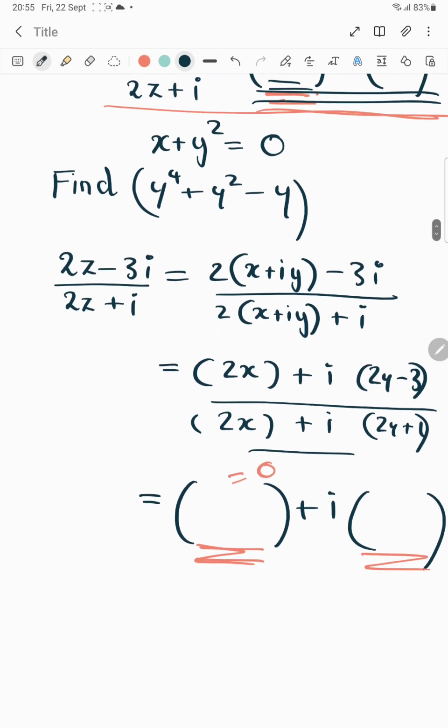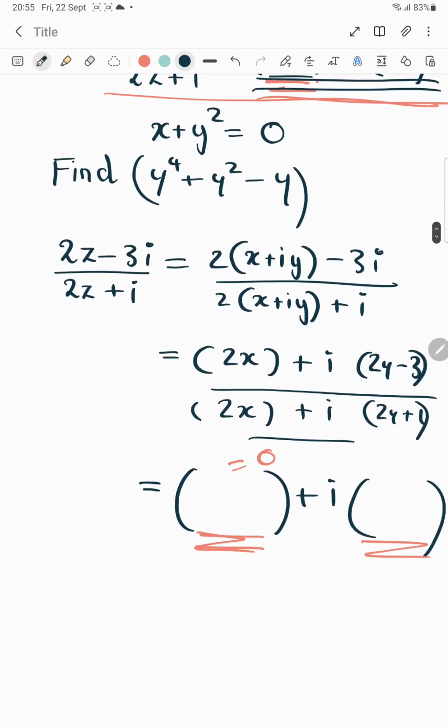That's an easy thing. Only the numerator of the real part can be equated with 0, because if the real part is equal to 0, that means the numerator of the real part would have to be 0.